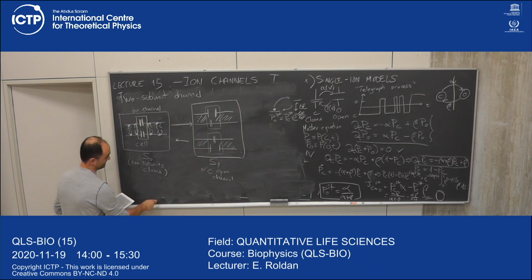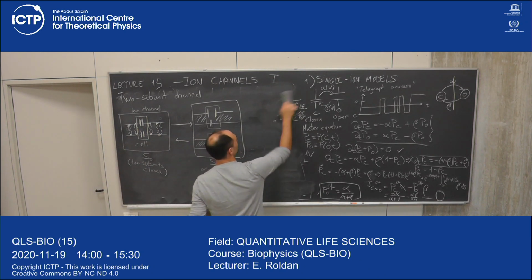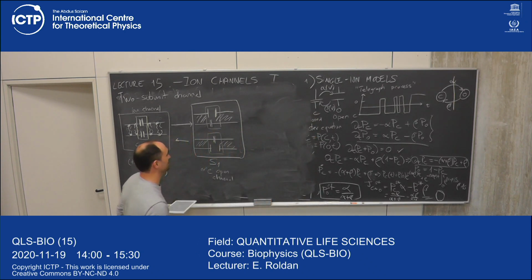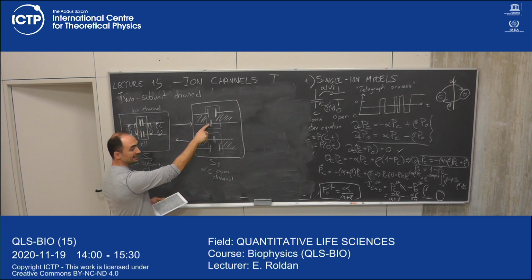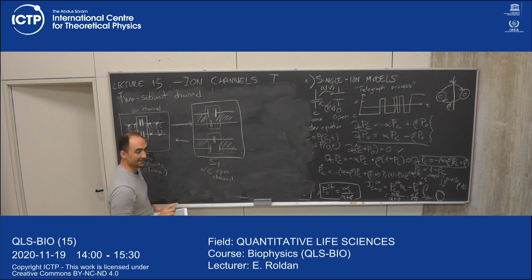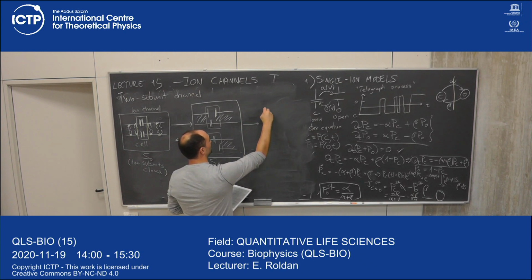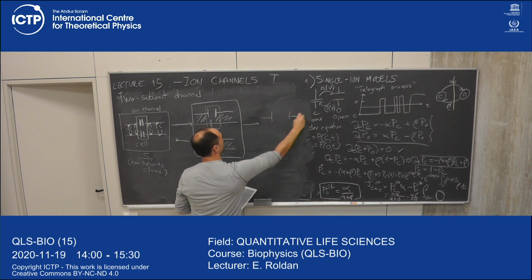And the last possibility is that the two channels are open. Either the one here that was closed opens, or the one in the bottom that was closed opens. So you go to the situation where the two channels are open.